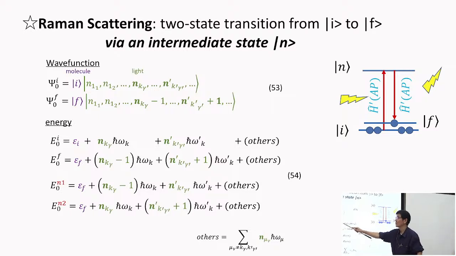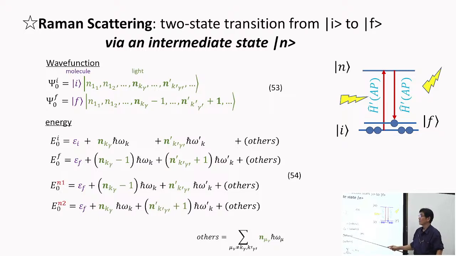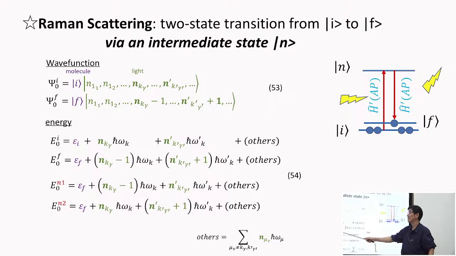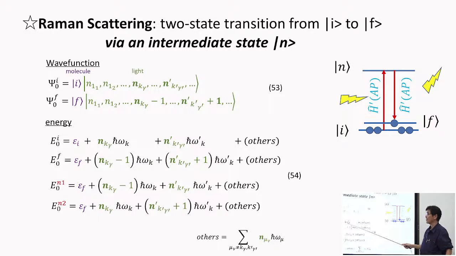So I introduce this function, others: n h bar omega of other components. So let's focus on the number of photons of k gamma and k prime gamma prime, and ignore or sum up the other terms as others.